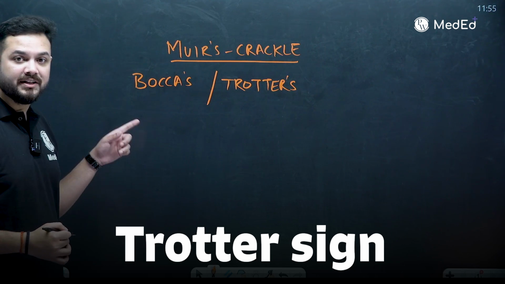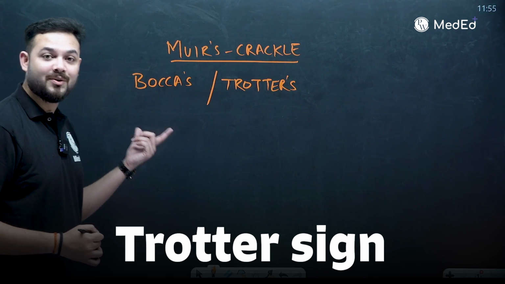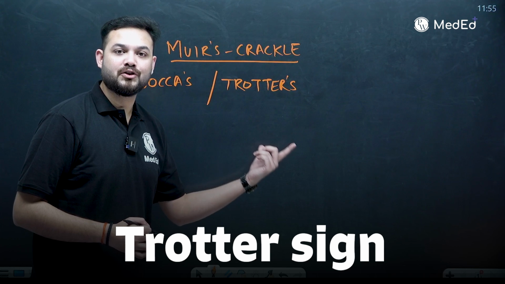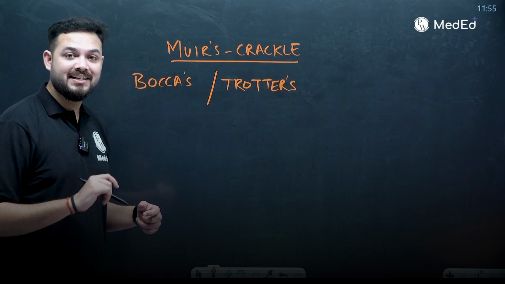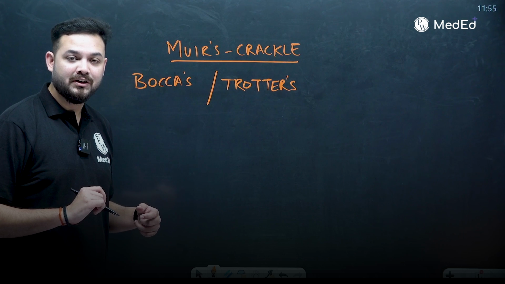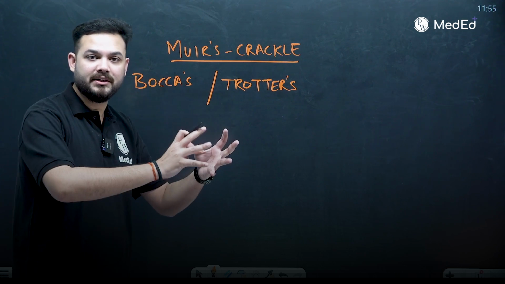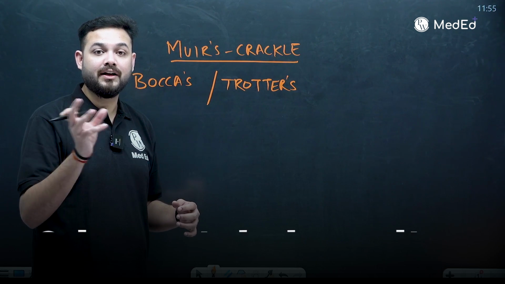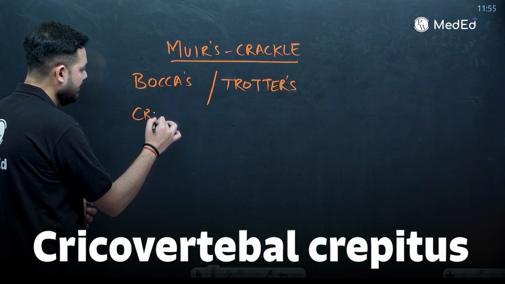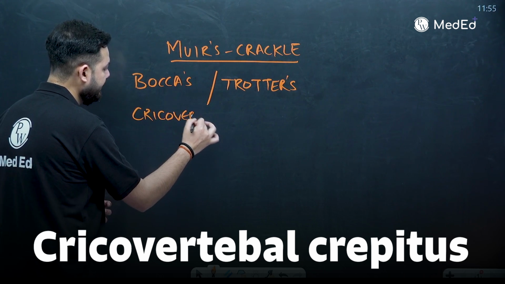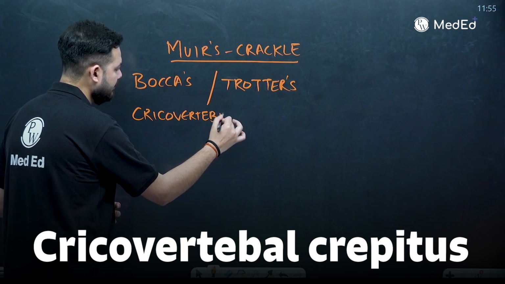So if the laryngeal crepitus is absent, very important question, it is called as Boca's sign or Trotter's sign. Okay? What is the other name for laryngeal crepitus is also something that you should know. So because the cricoid is rubbing against the vertebra, right, it is also called as cricovertebral crepitus.